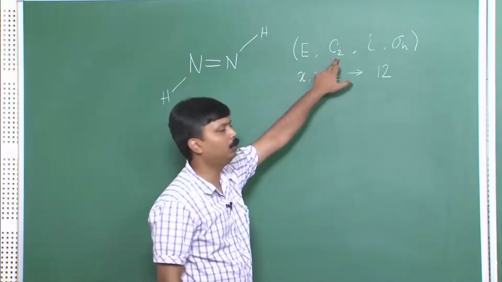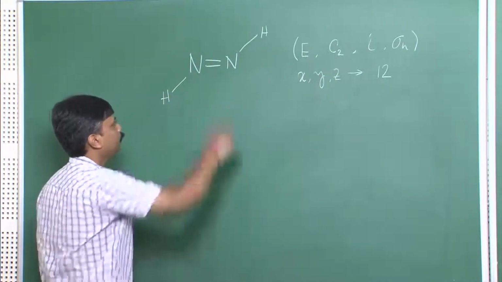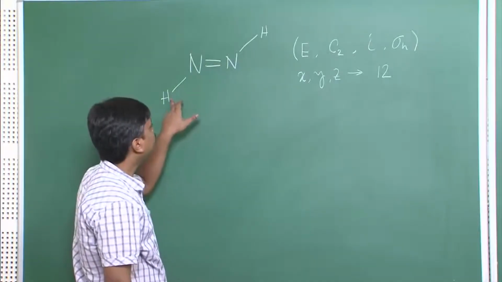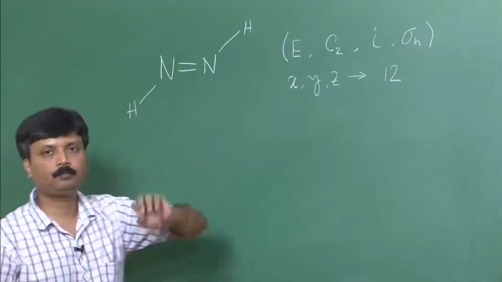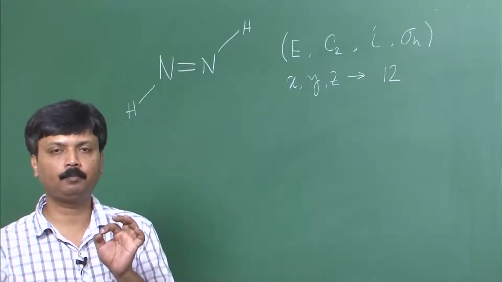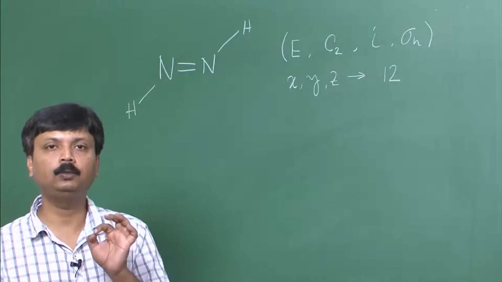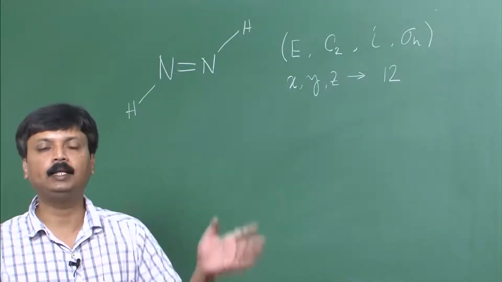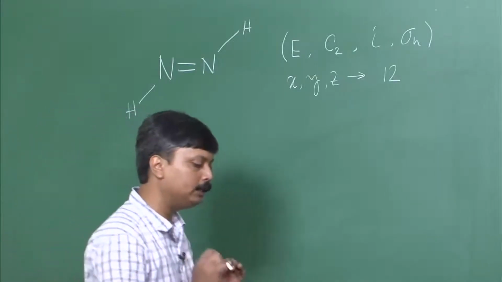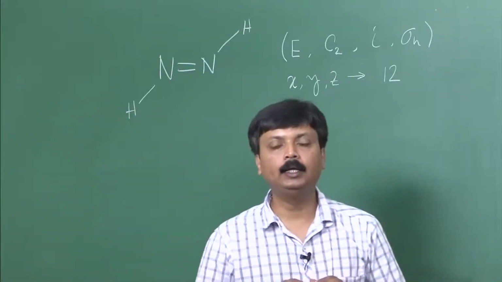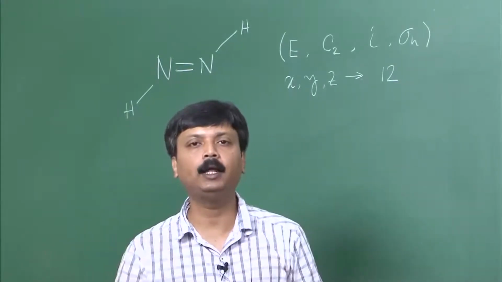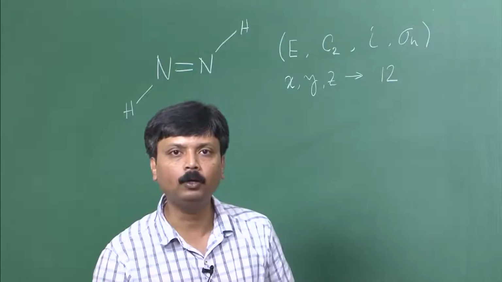If I operate C2 on this molecule, whichever atoms shift from their position will contribute nothing to the diagonal of the matrix that I can form. So for us, when we are dealing with characters, it's the diagonal element which matters. Off diagonal elements don't contribute anything to the overall character.